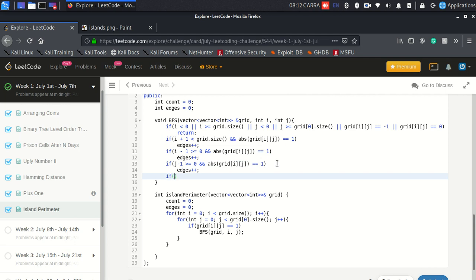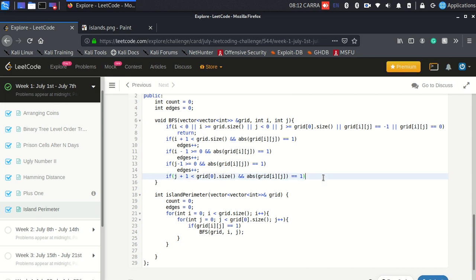If my right hand side, which is j plus 1, is less than my limit, and abs of grid of i comma j, that particular cell on my right hand side, is equal to 1, then I'll do edges plus plus.